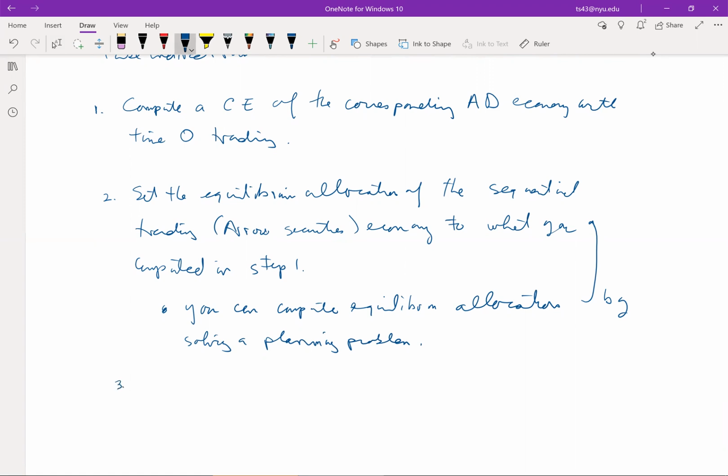Step three: compute the equilibrium pricing formula, Q of S prime given S equals beta U prime.